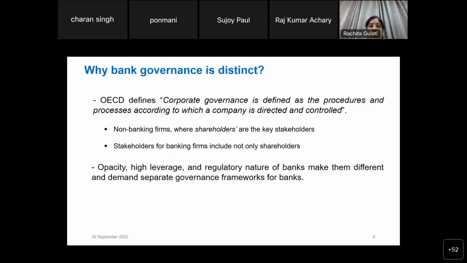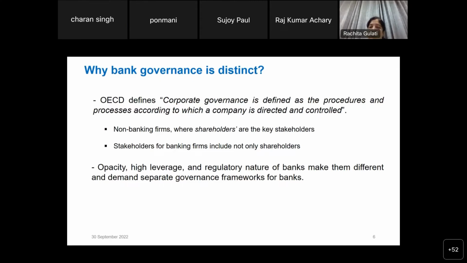If we look at non-banking firms, the shareholders are the key stakeholders. Whereas for banking firms, the stakeholders are not only the shareholders, who hold the minority or majority ownership and whose interests need to be protected through good governance practices.